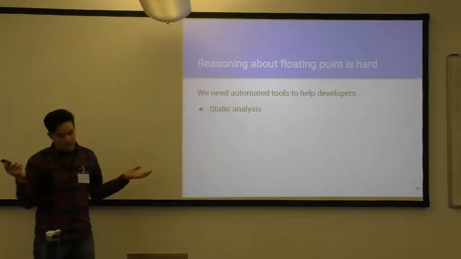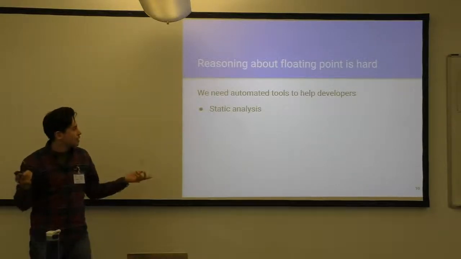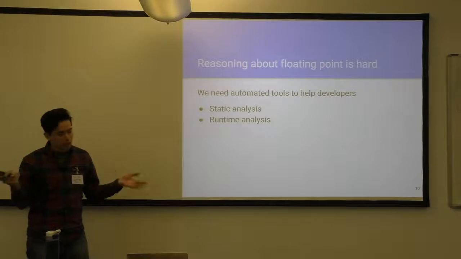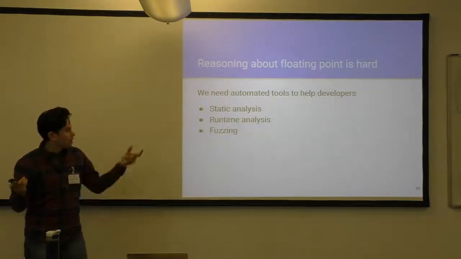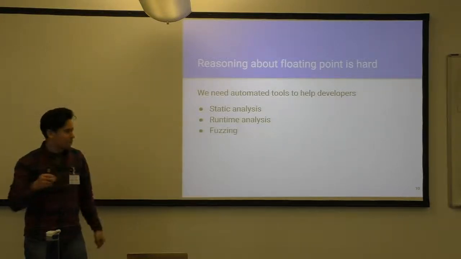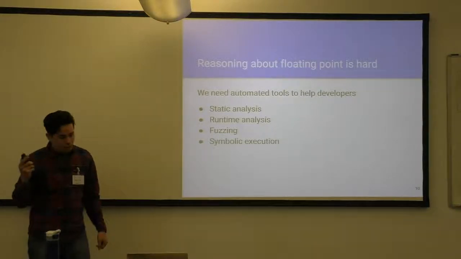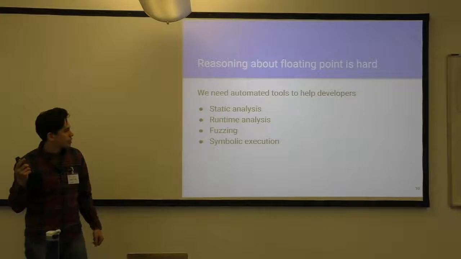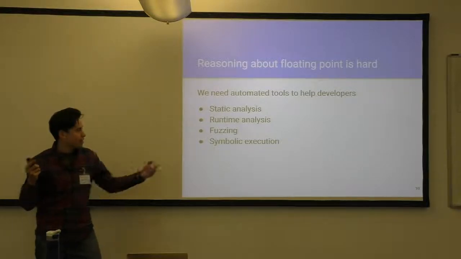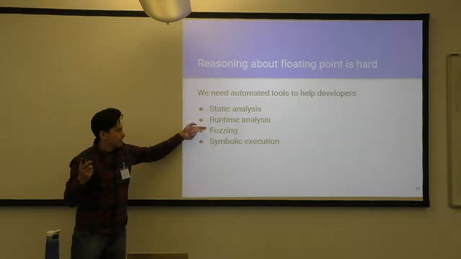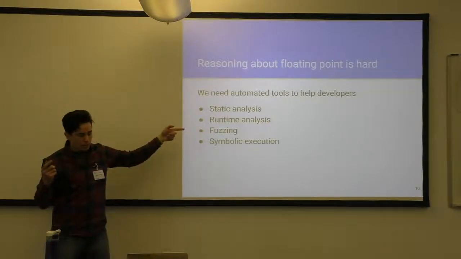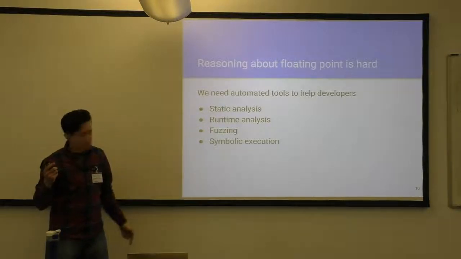There are different techniques we could use: static analysis, some sort of runtime analysis, fuzzing, which is just throwing random input at a program and hoping to see what happens. I'm going to talk about a technique called symbolic execution, which is more heavyweight than these techniques. And by that I mean it takes longer to actually do the analysis, but it's a lot more powerful than some of the others.